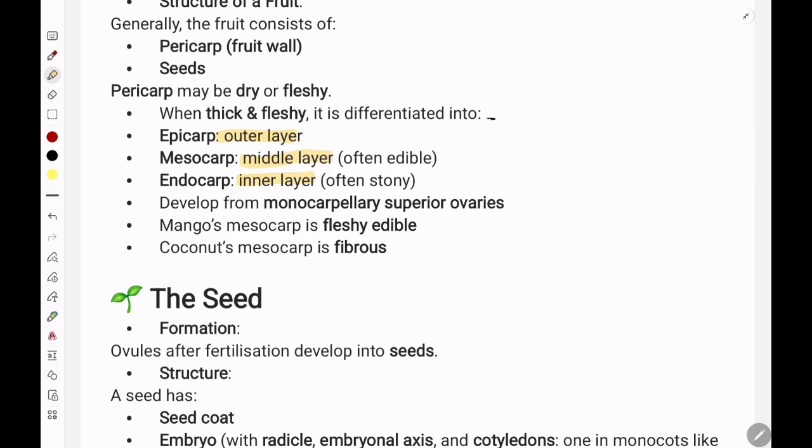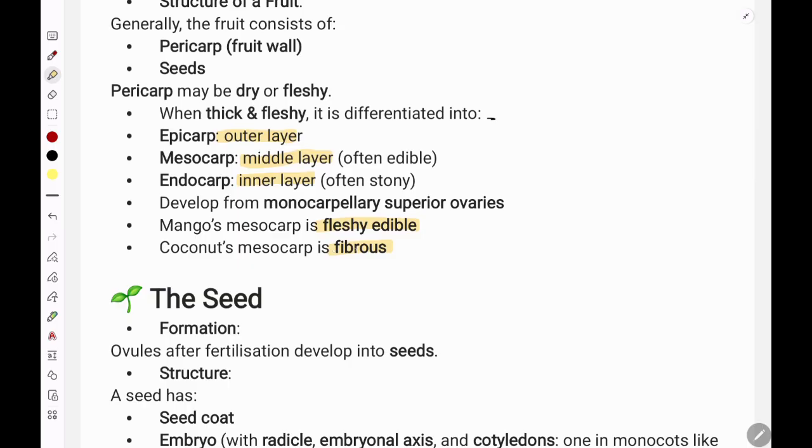In mango, the mesocarp is fleshy and edible. In coconut, the mesocarp is fibrous. If you have seen the raw water coconut, which is generally sold as pani wala nariyal, it has a fleshy outer layer.